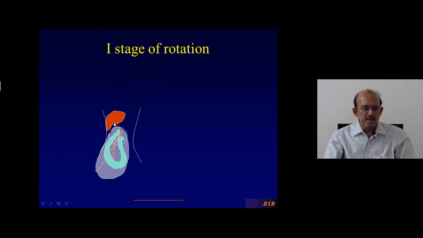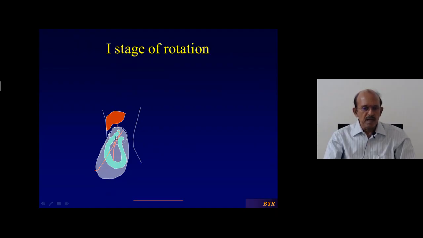Because of its dragging, what happens is this particular loop is called the pre-arterial loop, because this is the superior mesenteric artery. That part of the midgut loop proximal to that one is called the pre-arterial loop. That part of the midgut loop distal to the artery is called the post-arterial loop.